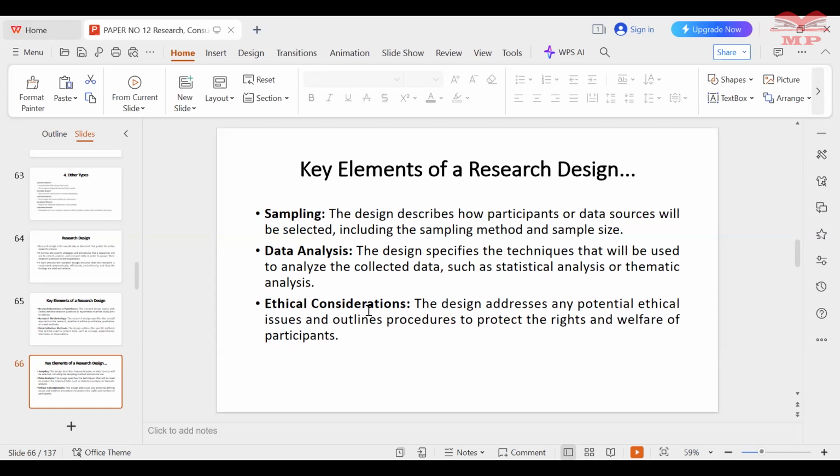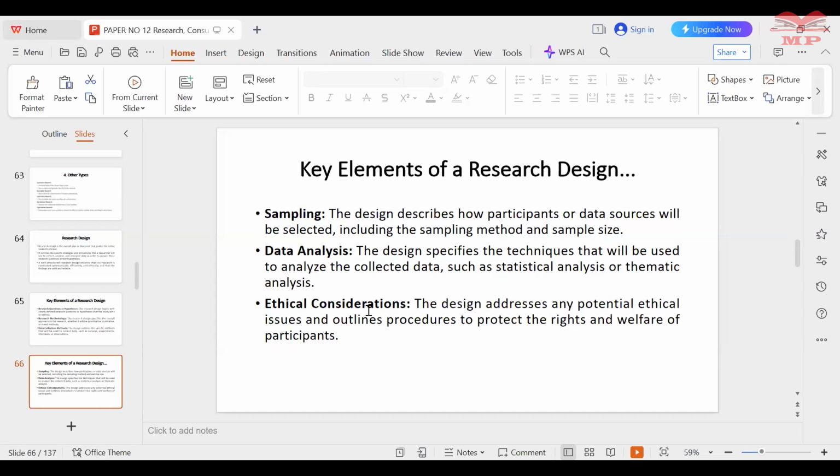We shall be looking at the aspect of ethics in research. What is the role of ethics and integrity in research, what the law says, and what is supposed to be done properly. Ethical considerations have now taken a different dimension where, like in the Kenyan situation, depending on which research you are doing, you may be required to get an ethical review committee clearance.